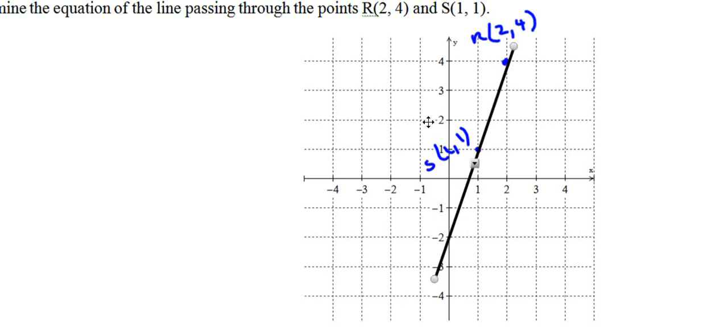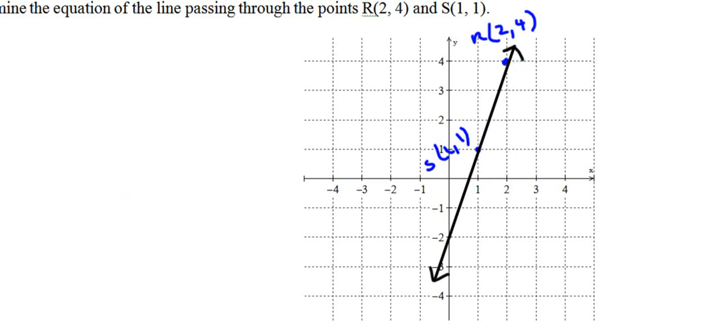That looks pretty good. And so I'm going to put arrows on the ends of each of those lines. So we've got a line that passes through those 2 points, S and R, and we should be able to figure out the equation because we've got these 2 points.